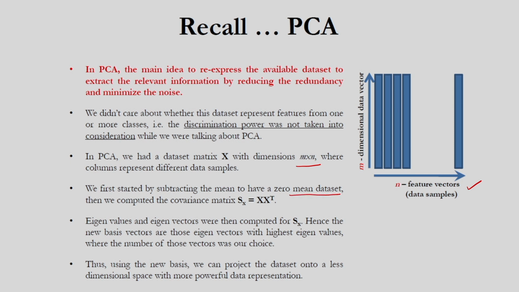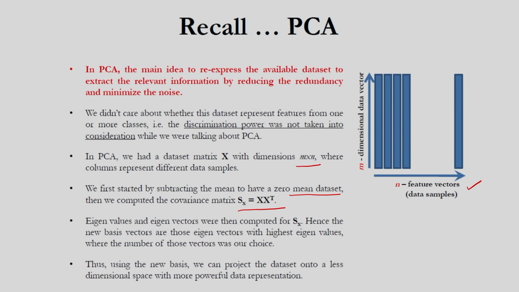After this I have to compute the covariance matrix. The covariance matrix I can compute like this, and from the covariance matrix I can determine the transformation matrix. For this I have to determine the eigenvectors and also the corresponding eigenvalues. This transformation matrix for the principal component analysis I can determine from the eigenvectors of the covariance matrix.